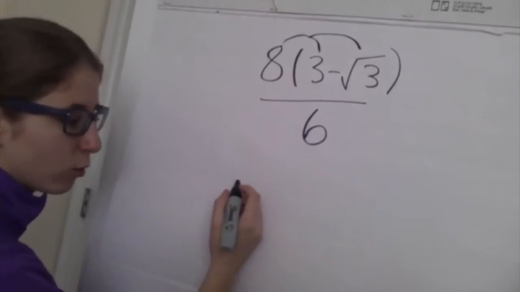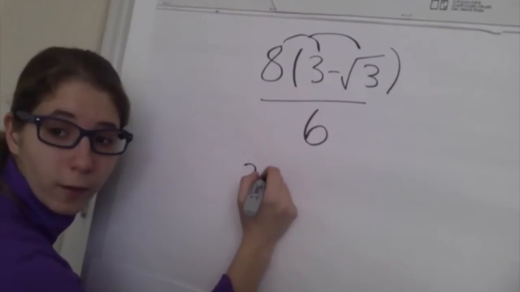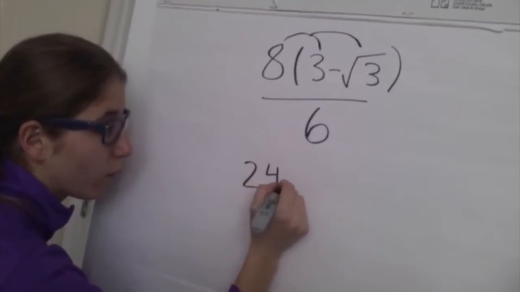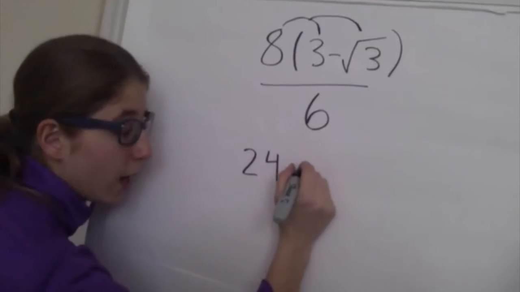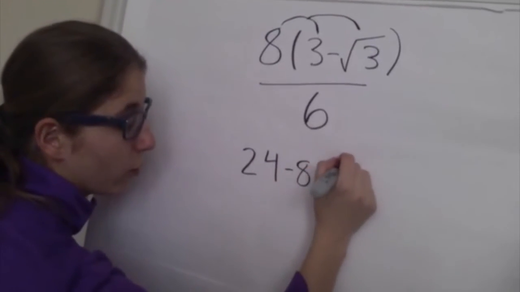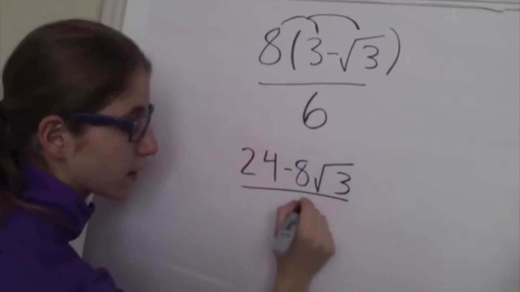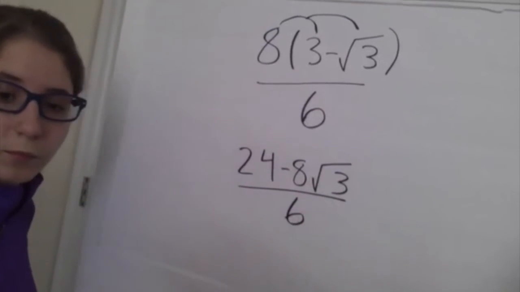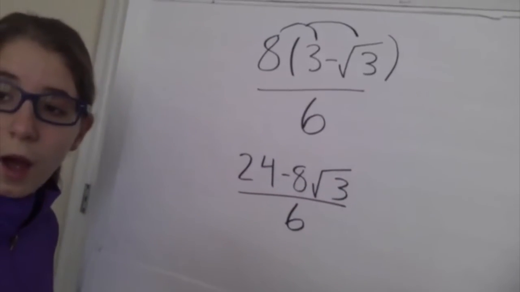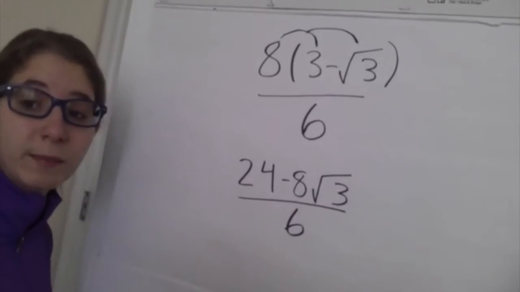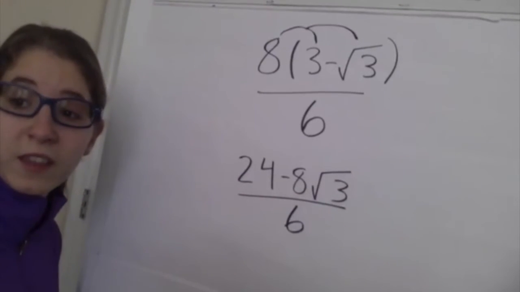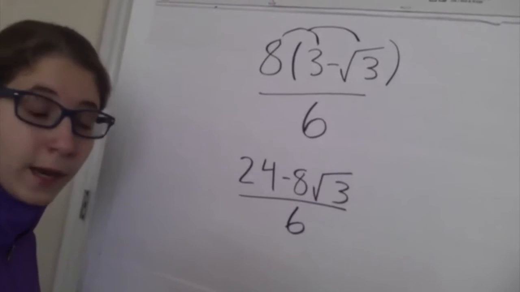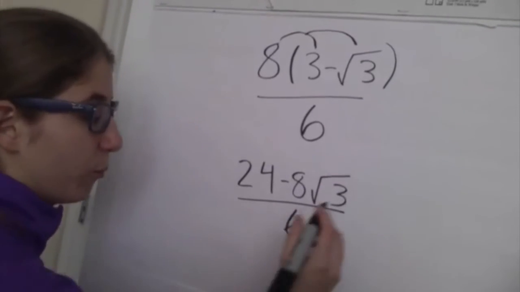So this equals 24 minus 8 radical 3 over 6. The radical expression still needs to be simplified by dividing the numerator and the denominator by 2.